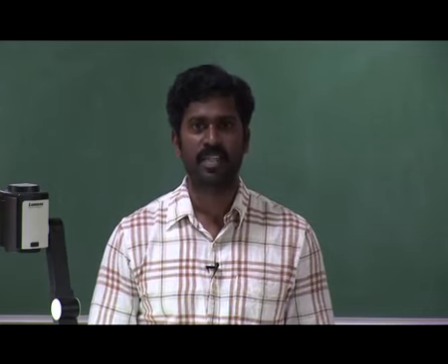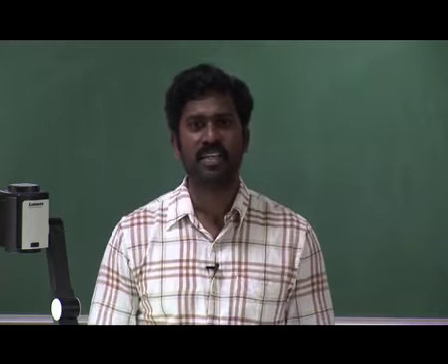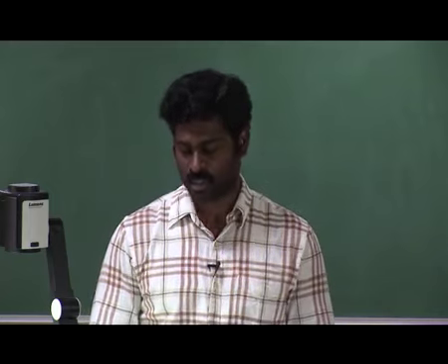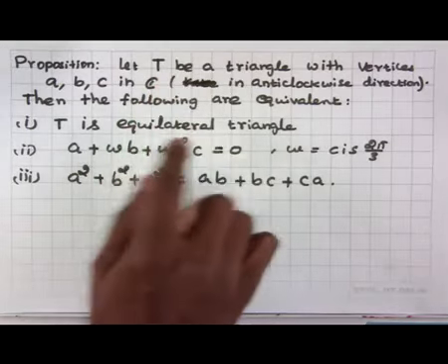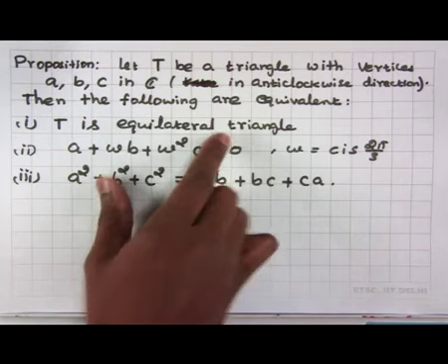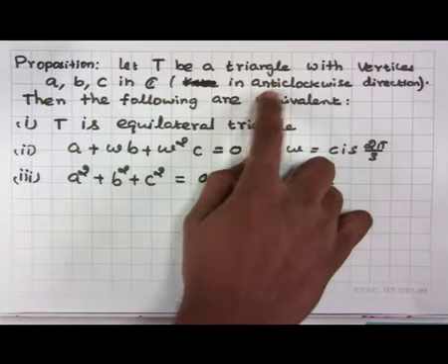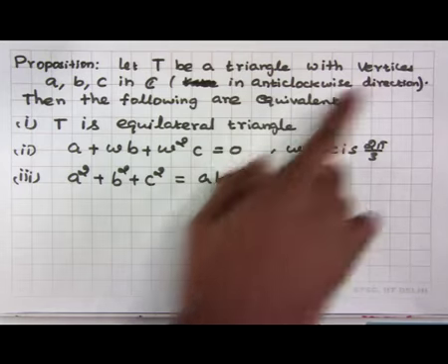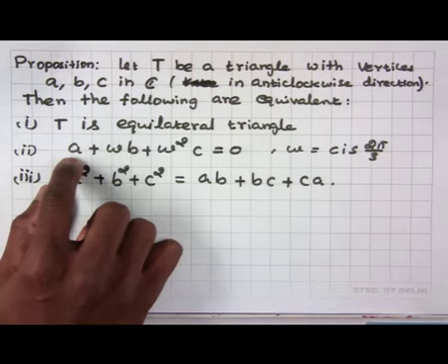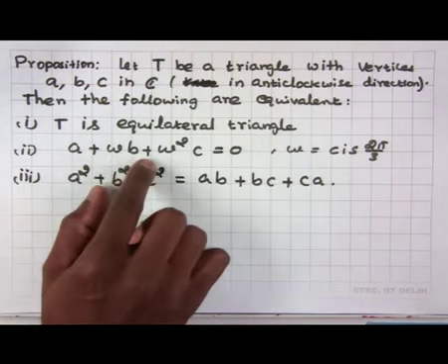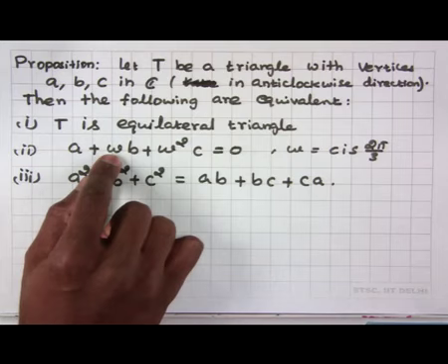In the last lecture, we discussed problems on nth root of unity, in particular cube roots of unity. Let me recall the last result we discussed in the class. That is, if T is an equilateral triangle with vertices A, B, C, oriented in the anti-clockwise direction, then it satisfies the equation A plus omega B plus omega square C equal to 0, where omega is the cube root of unity.